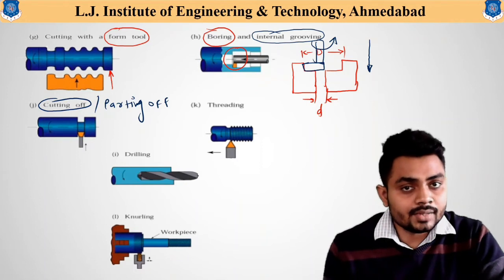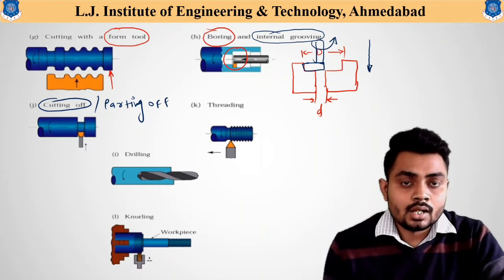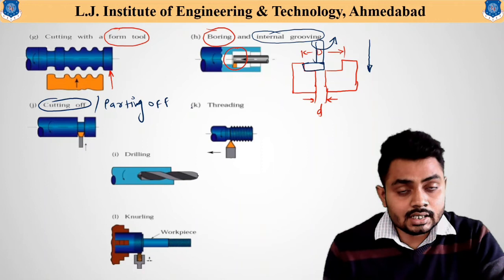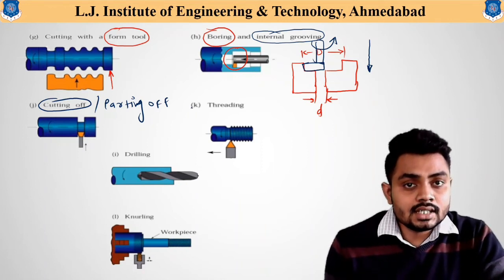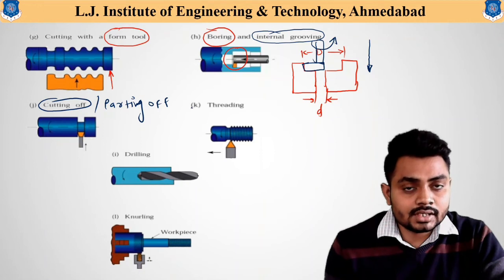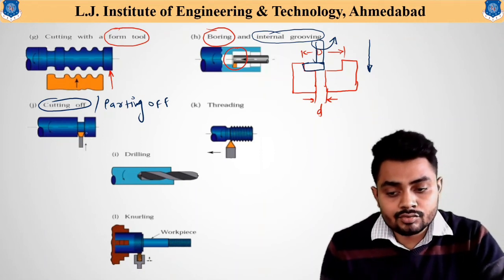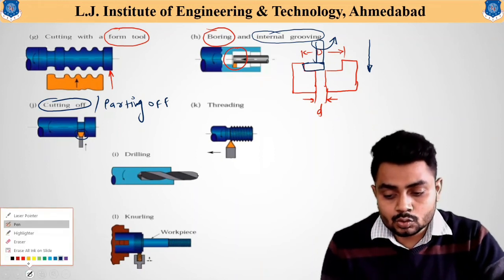In this operation, it is important to understand that the length which is reduced using this parting off operation is similar to the length or width of the particular cutting tool.